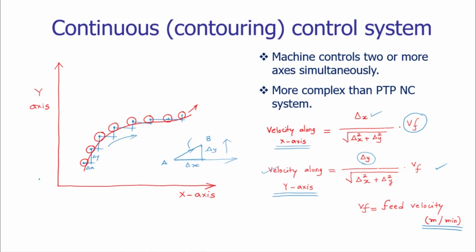In this way we can easily compute the next positions. And how to compute this position? For that purpose the interpolation algorithms are used. That is the task of the interpolator. We'll be seeing the interpolator in the later slides of this lecture.